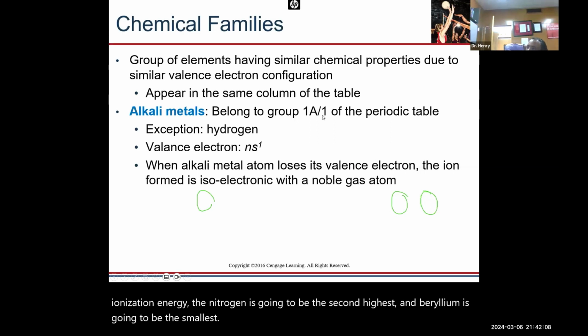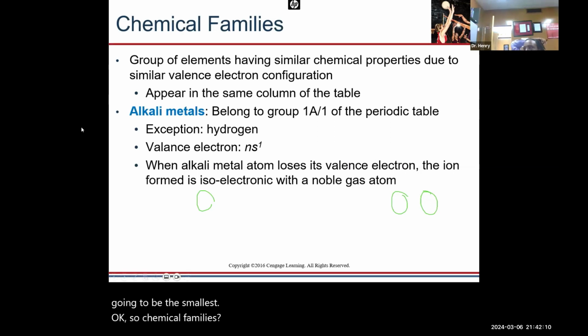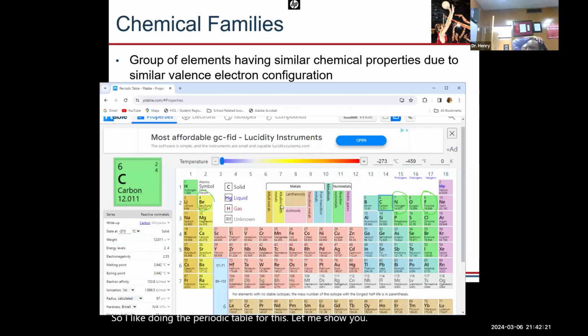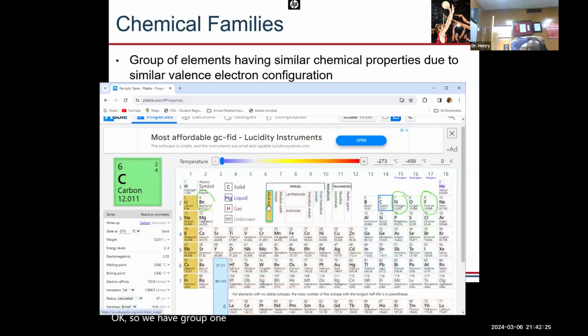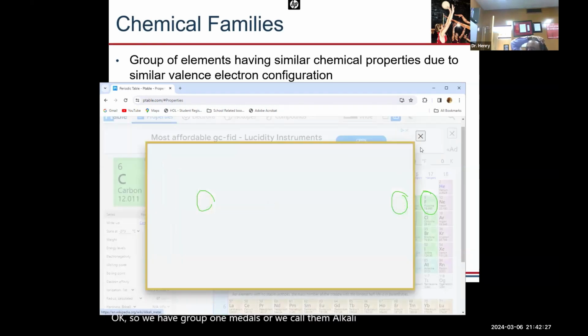Okay, so chemical families. I like doing the periodic table for this. So we have group one metals, or we call them alkali metals.